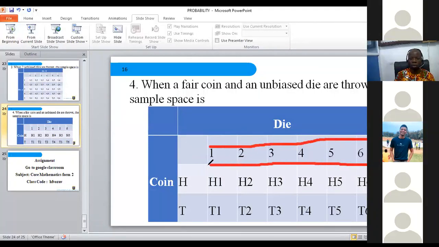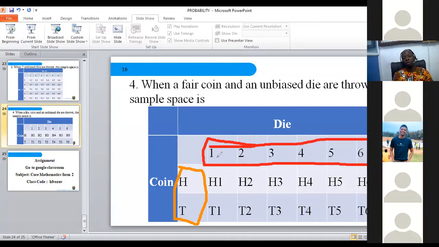And if you toss your coin, it will give you the result head and then tail. That is for the coin, head and tail.